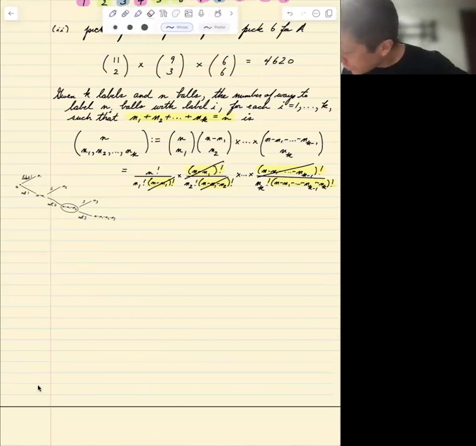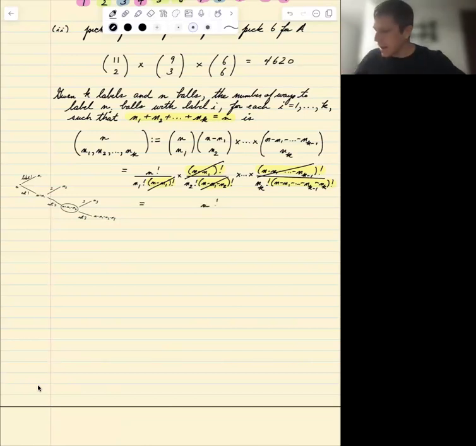So what does all of this come down to? All you're left with is n factorial in the numerator divided by n1 factorial, n2 factorial, product, all the way up to n sub k factorial. So that's your multinomial coefficient, okay?